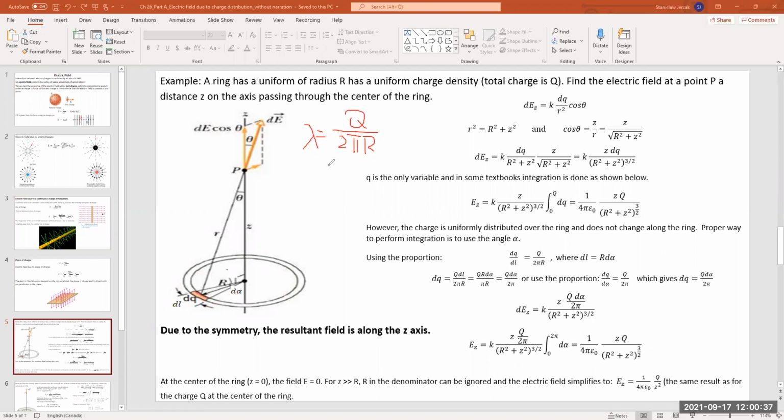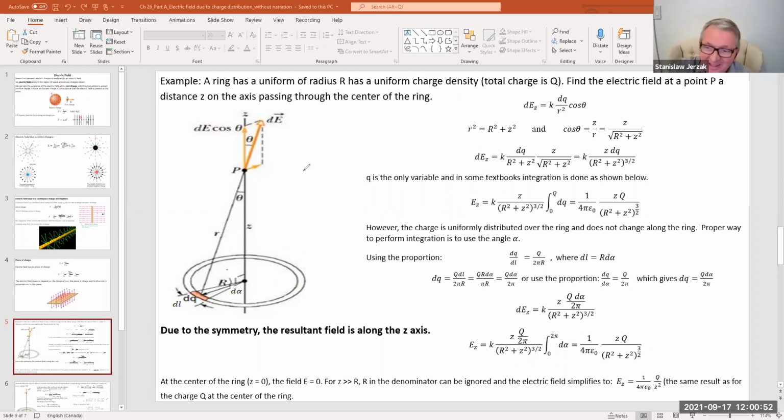Hello, Professor. Yes, please. One more thing. In the lecture slides that you posted ahead of time, it says dq over dL is equal to Q over pi R. Is that a typo, and it's supposed to be 2 pi R? Yes, it should be 2 pi R. I caught my mistake when I was reviewing my lectures, and I posted a new lecture PDF just before I started this lecture.